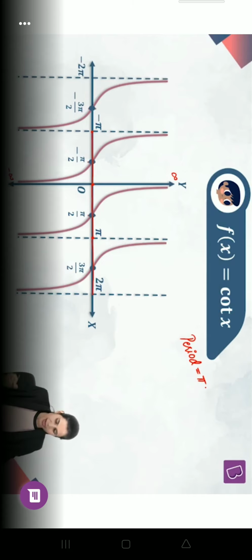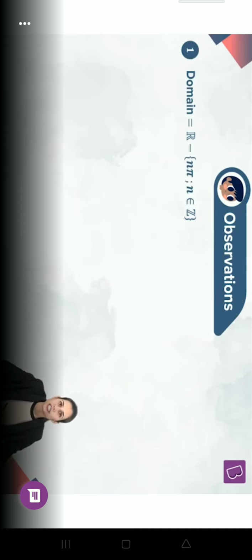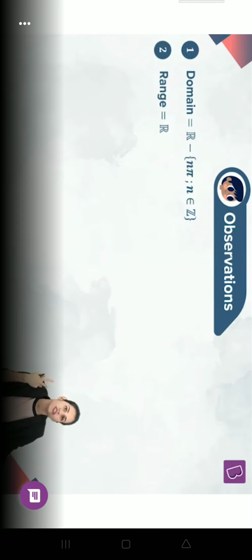See, this point is 0, 0. This point is pi by 2, 1, and this point is pi by 2, 2. Yes, this is pi, 0. Here, this is 3 pi by 2, minus 1, and this one is 3 pi by 2, minus 2. And lastly, this is 2 pi, 0.